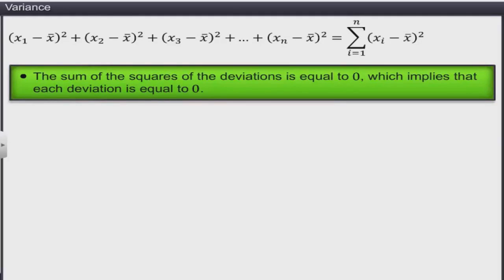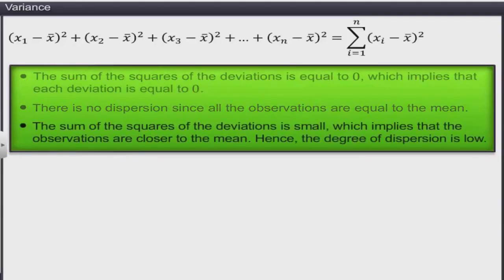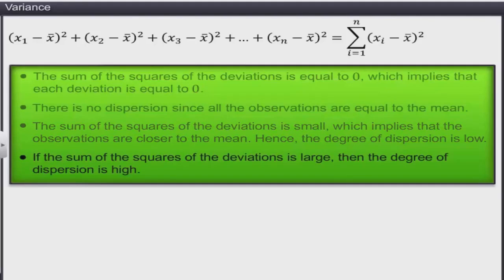That is, there is no dispersion in the data about the mean, since all the observations are equal to the mean itself. And if the sum is small, then the observations are closer to the mean. Hence, the degree of dispersion is low. If the sum of the squares of the deviations is large, then the degree of dispersion is high.